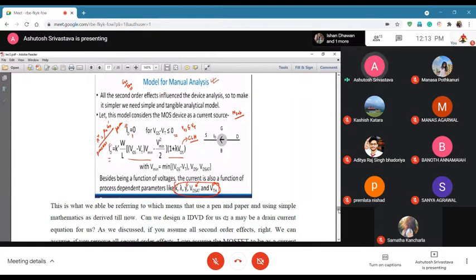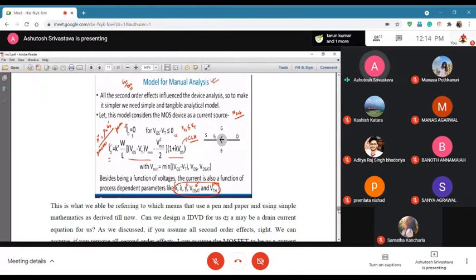So whatever new physics we have talked about till now, as we will see in the future lab sessions, those physics phenomena are incorporated in the different types of EDA tools, electronic design automation tools, whether for digital or analog.